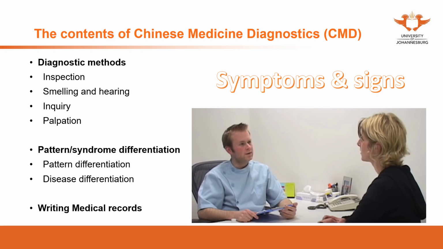So this is the first part of the contents of Chinese medicine diagnostics: the diagnostic methods. The second part is pattern differentiation. In the basic theories, we already studied that there are two key characteristics of Chinese medicine that are very different from other medicine. The first one is the concept of holism. The second is symptom differentiation.